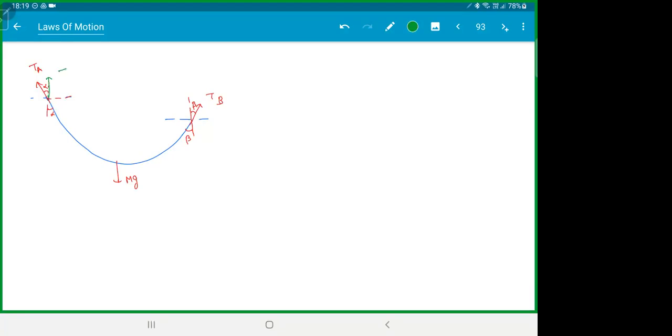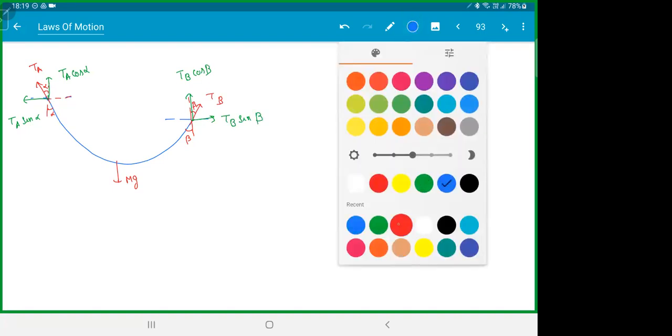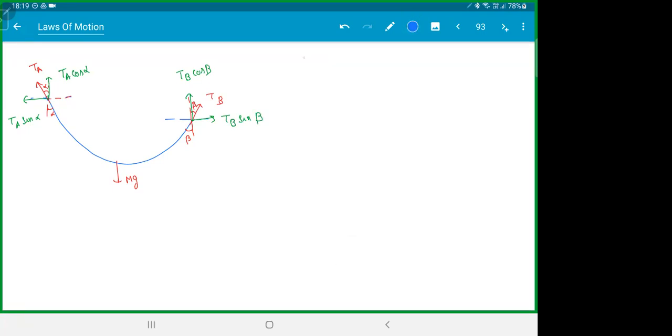Components: TA cos alpha, TA sin alpha, TB cos beta, TB sin beta. Forces in the vertical direction, the horizontal direction. In the vertical direction, TA cos alpha plus TB cos beta should be equal to mg.